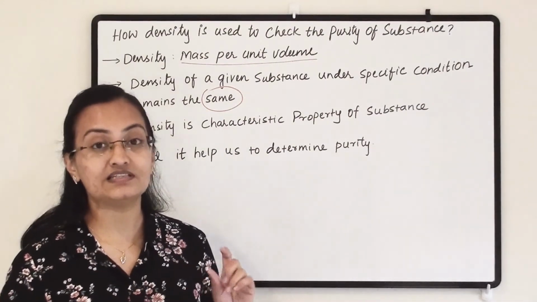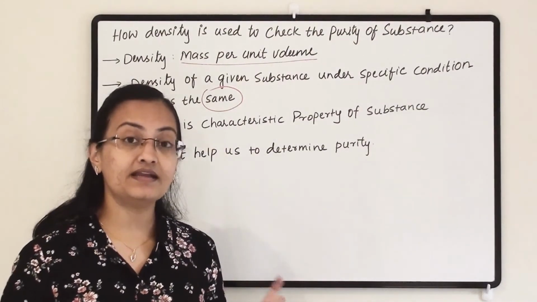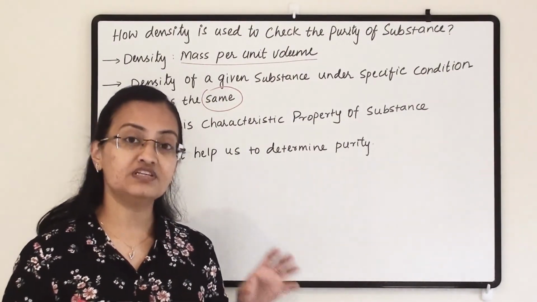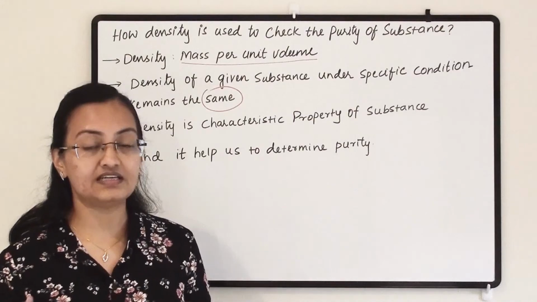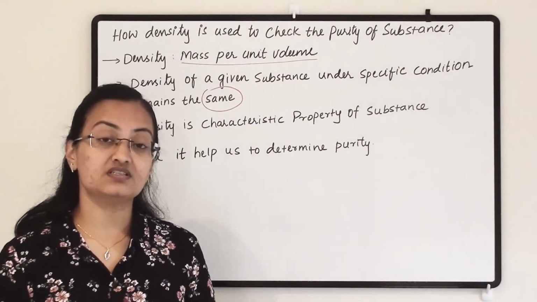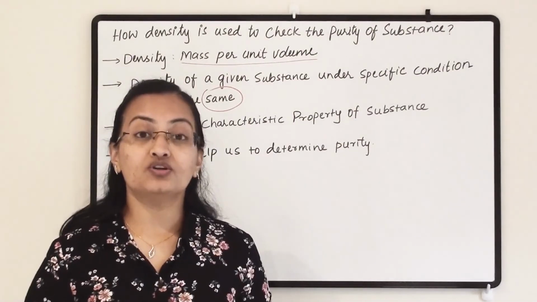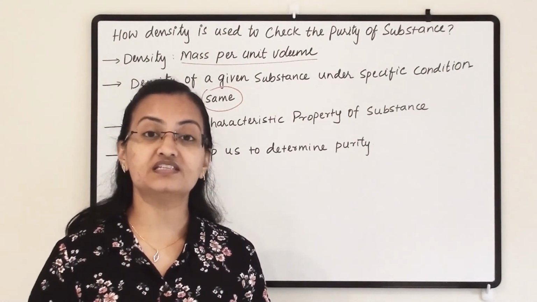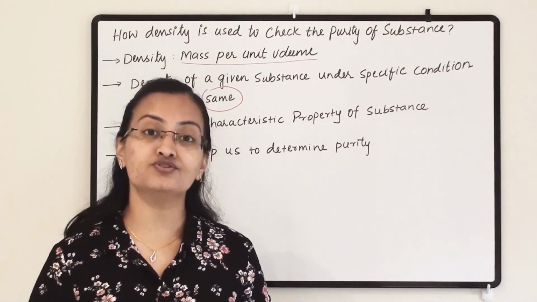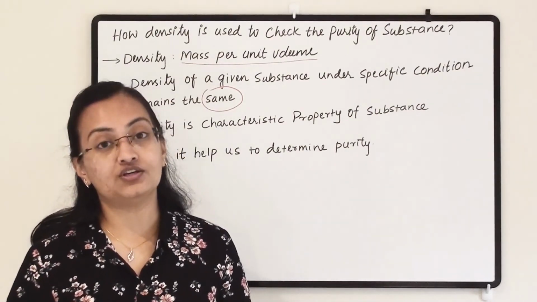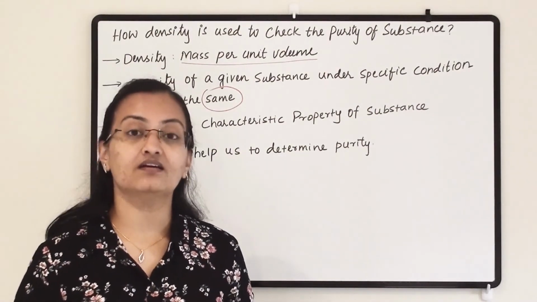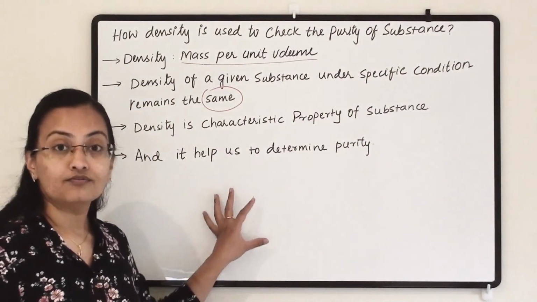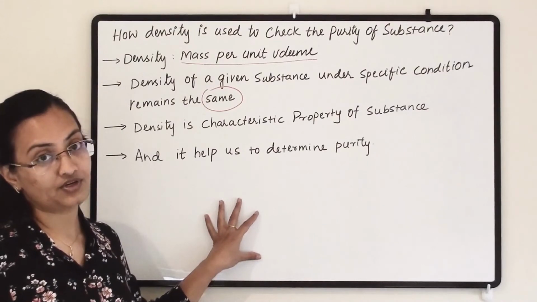It will indicate that this substance is not in its purest form. If this value equals the theoretical data, that means the substance is in its purest form. Based on this and the application of Archimedes' principle, we have designed a lactometer. A lactometer is used to determine the purity of milk. That is again based on Archimedes' principle, and on checking purity from the density of a particular substance.